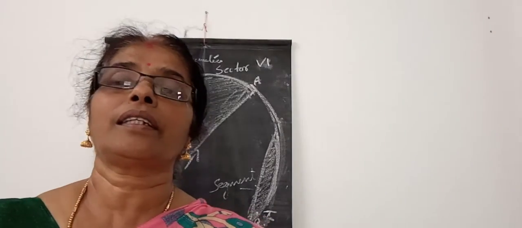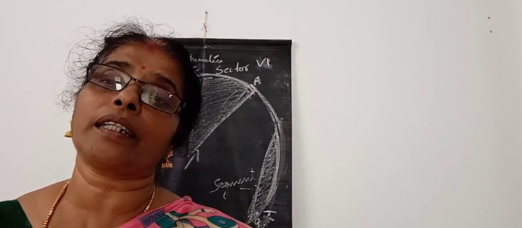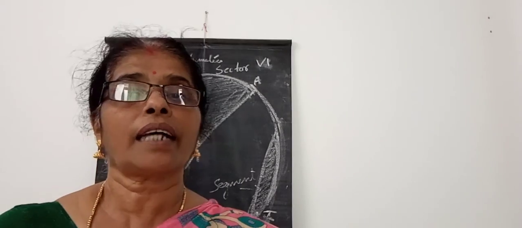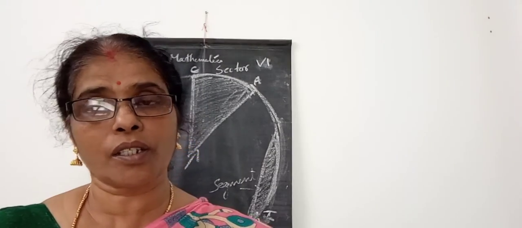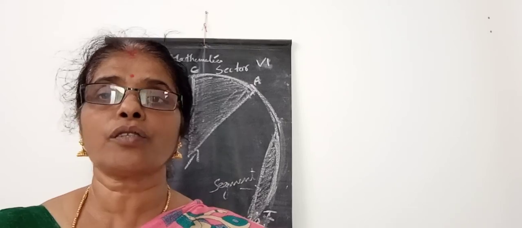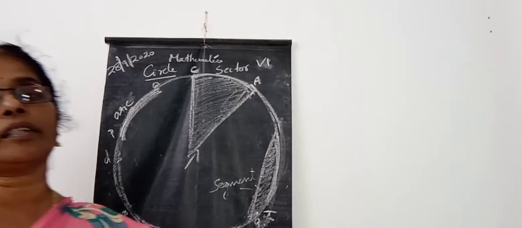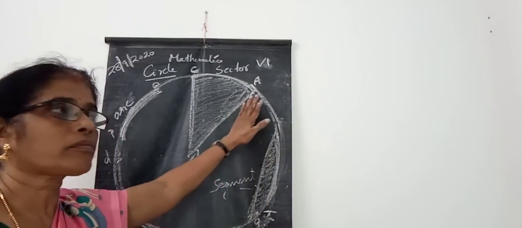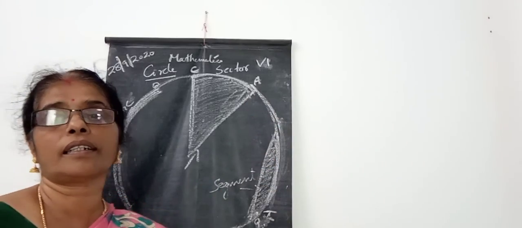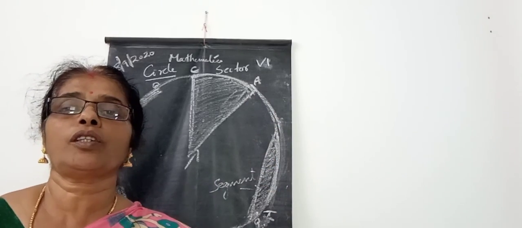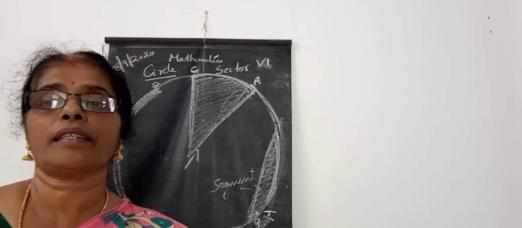Chord means 2 points on a circle joined with a line segment. That line segment we can call a chord. And next one is an arc, that is a part of the circle. And another one is sector and segment.